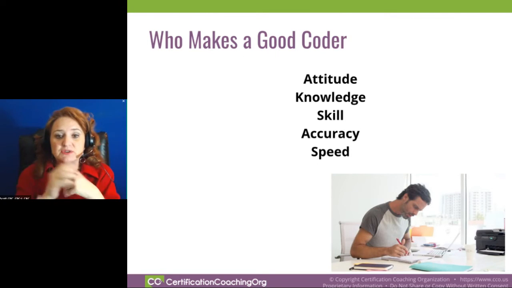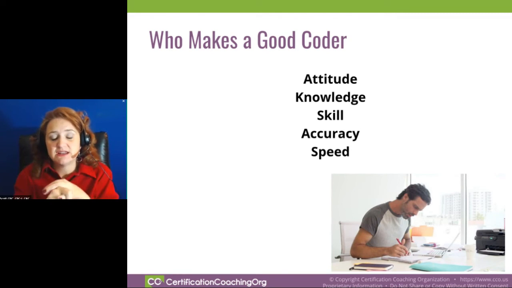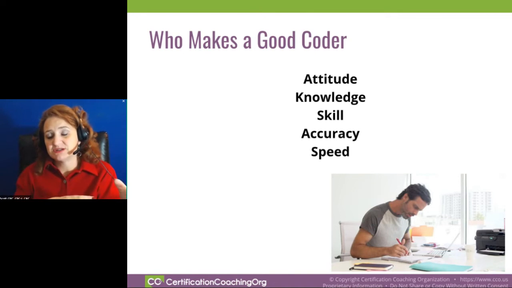And again, with increasing your knowledge, your skill set, and your accuracy. But like I said, you're not going to be fast when you first graduate. And most jobs, most people know that it's something that you get better with, because a lot of coding can be very repetitious, especially if you're working with a specialty group.